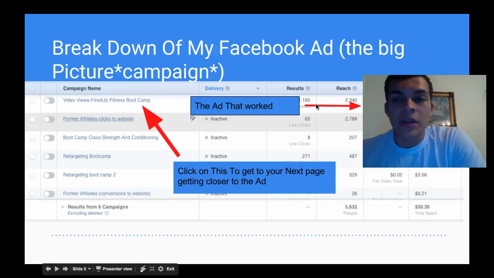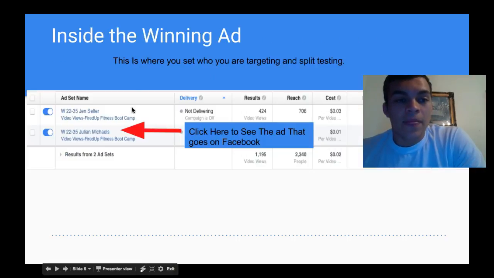And then when you click on this, you get to the next page that gets you closer to the ad. Right here, you're starting to click into ad sets. This is where you're going to start targeting people and split testing. Now, you don't need to know about split testing right now. If you want to know information about split testing, I'll do another video. But for right now, we're doing the targeting.